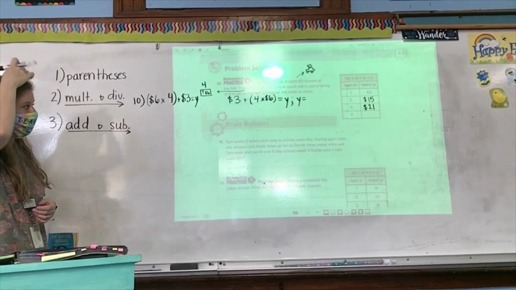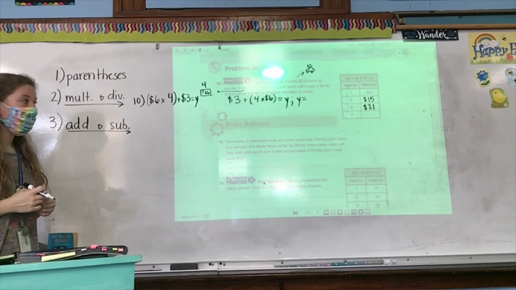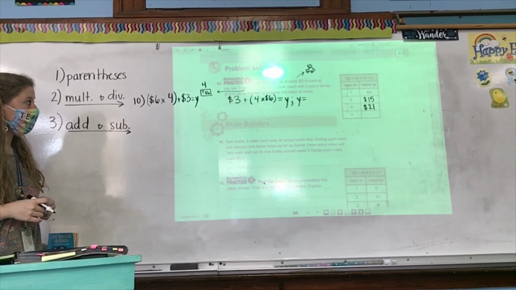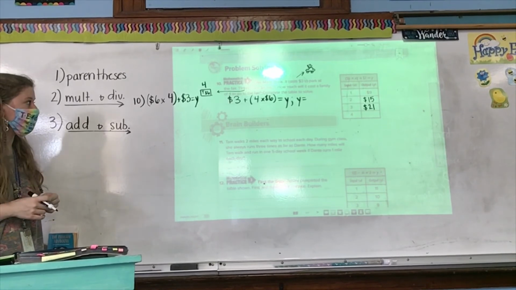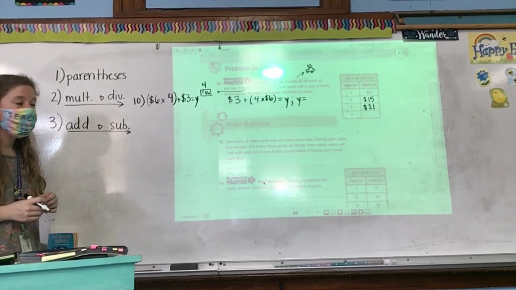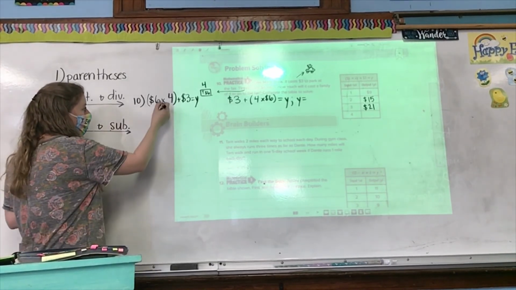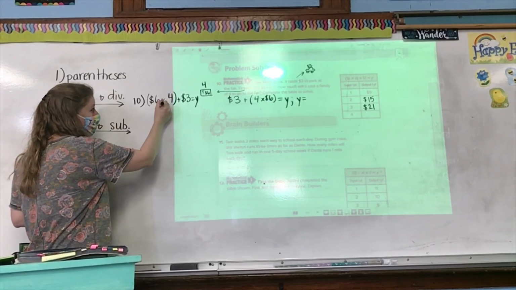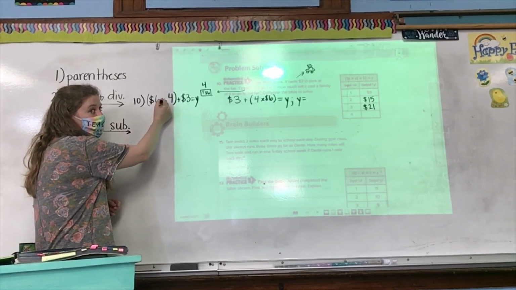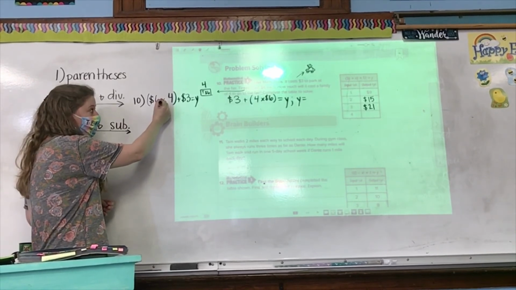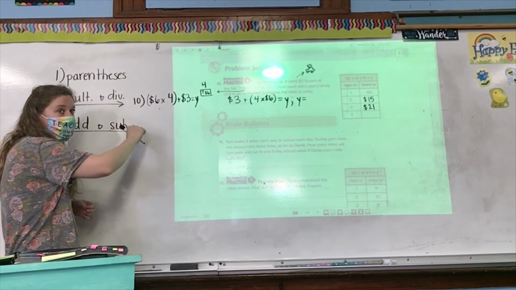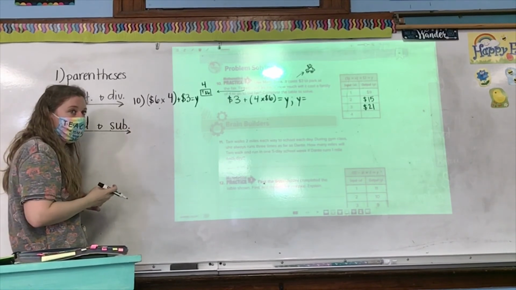Carla, what do we need to do first? First, we need to check for parentheses. We need to do the parentheses first. So do we have parentheses? Yes. So what do we solve first? 6 times 4. 6 what times 4?